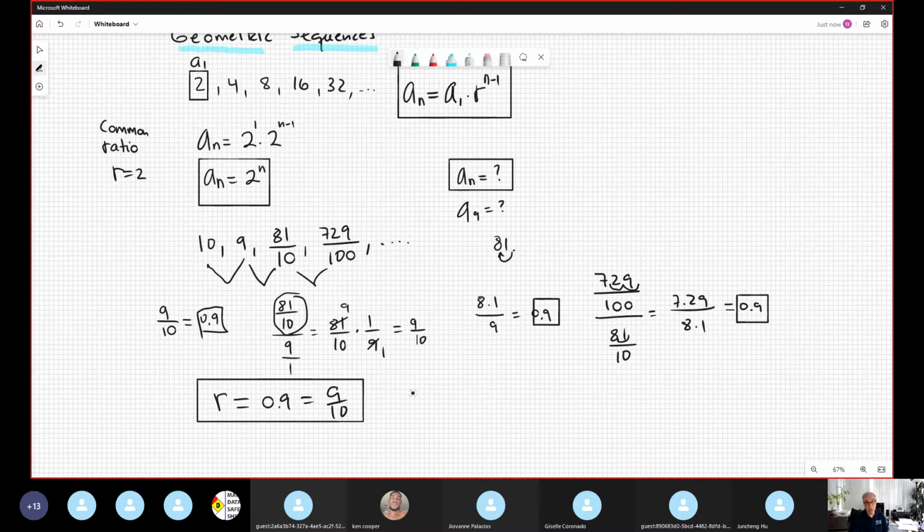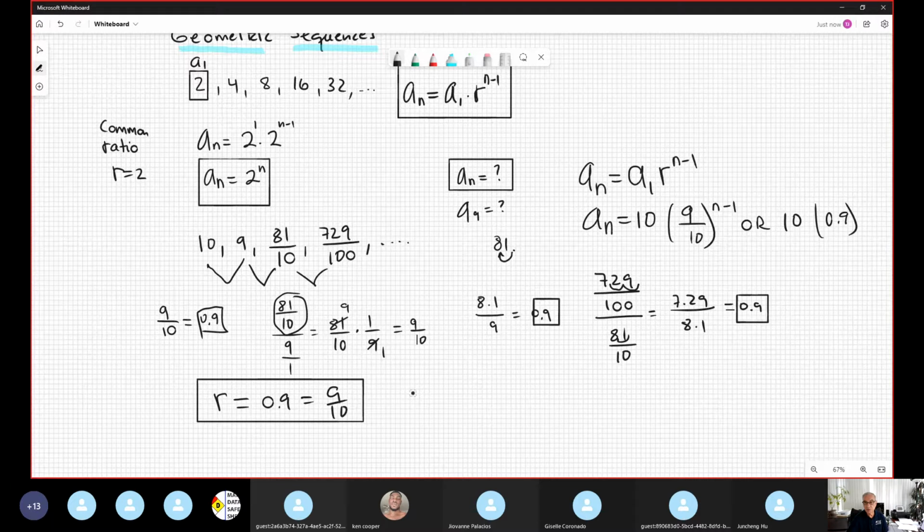And that's it? No, this is just the beginning. Now I need to find A sub n. The formula is A1 times R to the n minus 1, but A1 is 10. So the formula for A sub n is 10 times 9 over 10 raised to the n minus 1, or 10 times 0.9 raised to the n minus 1.